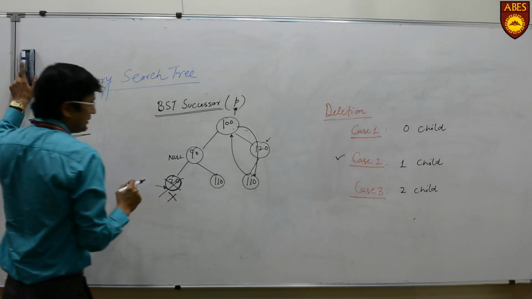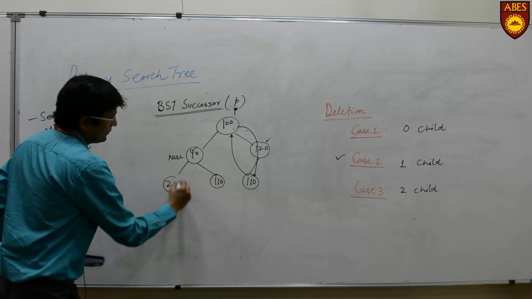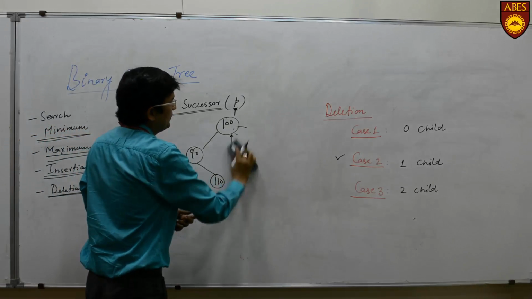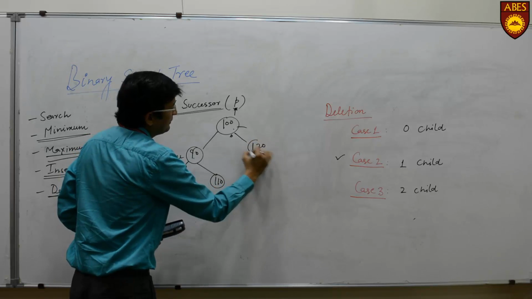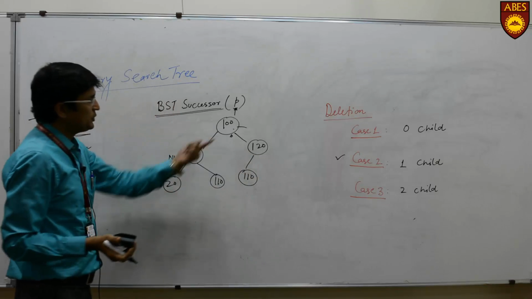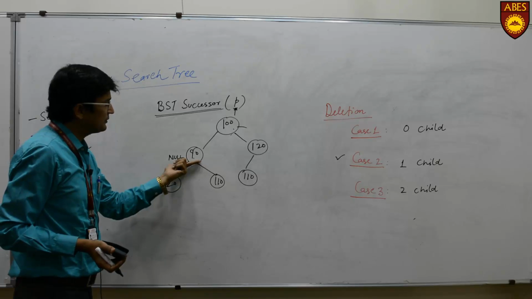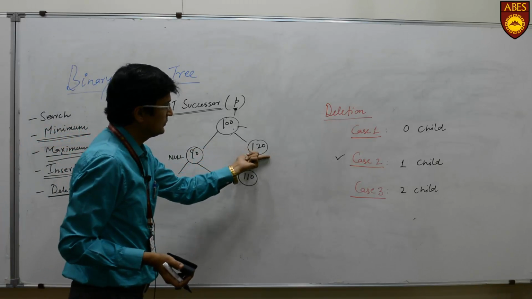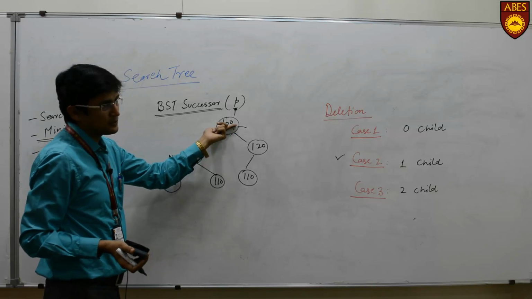If we want to delete a node which is having two children, in that case, we need to make use of this successor. For example, suppose we have to delete 100. If we have to delete 100, it has both the children, this one and this one. Now for deletion of this node, we will have to find out the successor of this node.